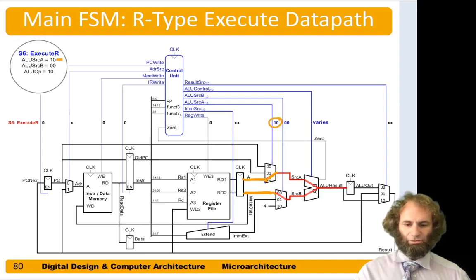The second source comes from register file port 2, so source B needs to be 00. We go to the ALU, and we need to look at the instruction to know what to do. ALU op of 10 meant look at the funct fields to determine which kind of ALU operation it is. We get our answer out, and we store it in ALU out at the end of the 3rd step.